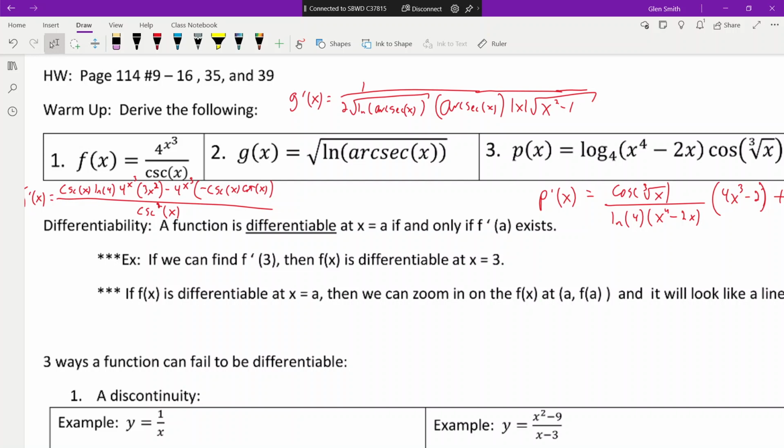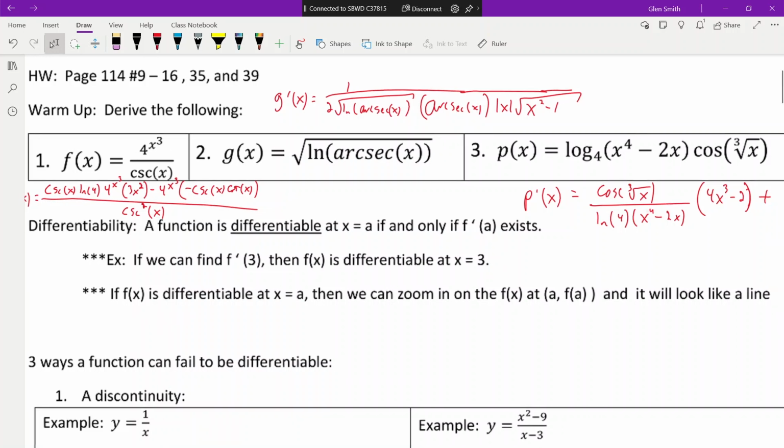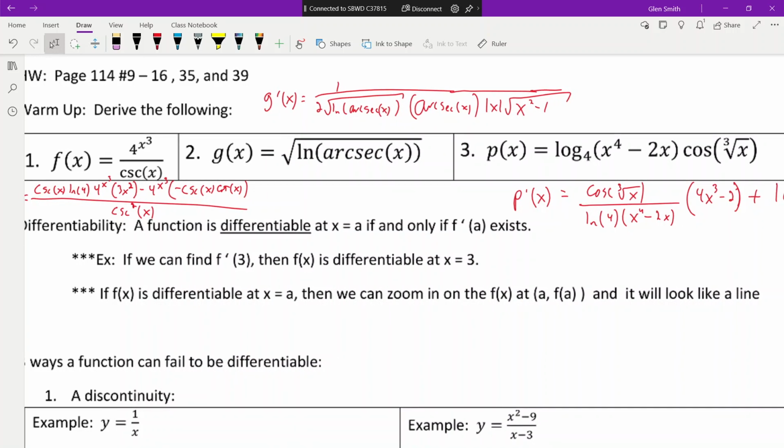Okay. A function's differentiable at x equals a if you can find f prime of a, if it exists. That's it. If you can find the derivative there. Super simple. If we can find f prime of 3, then f is differentiable at 3.